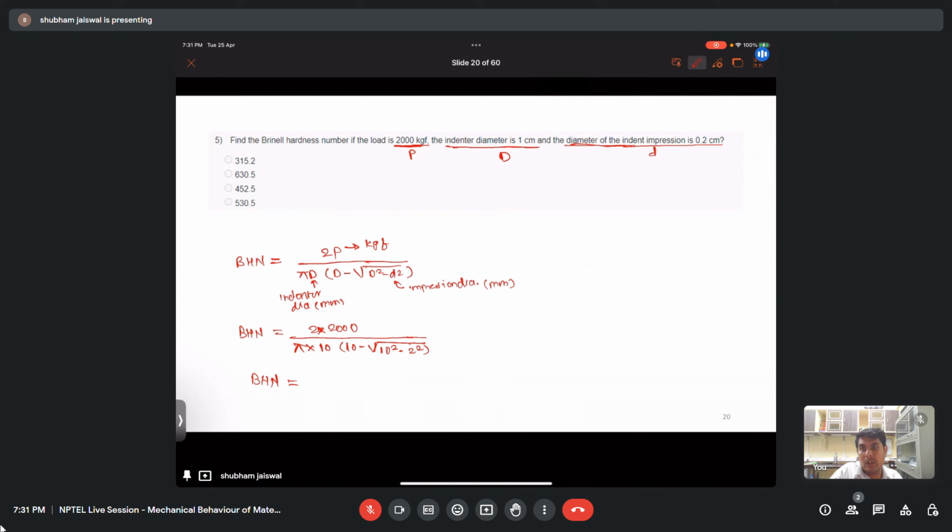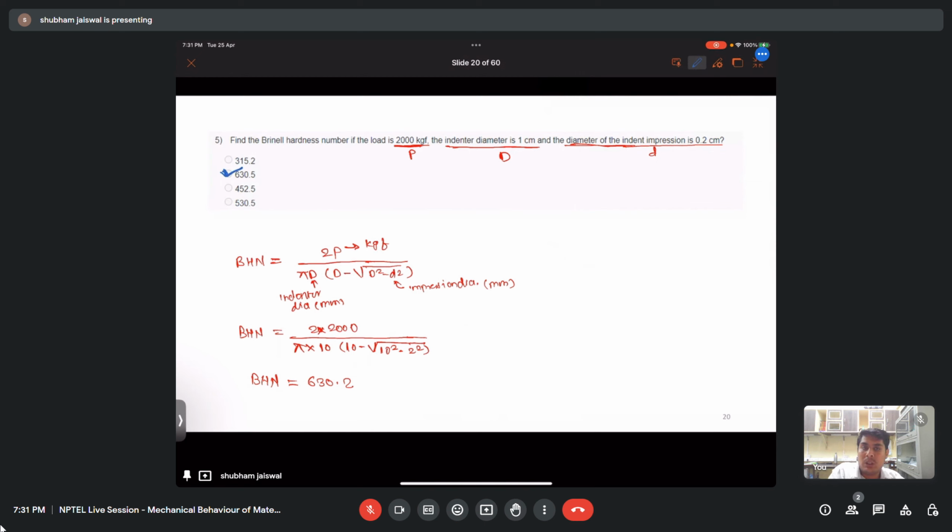This will give me the value of 630.2. The options are 315, 630, 452 and 530. So 630 is very close to our answer. So this is the correct answer.